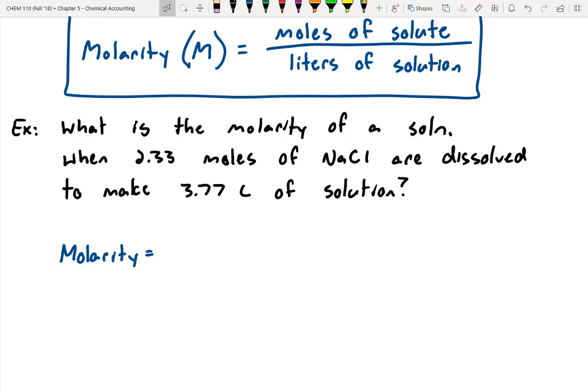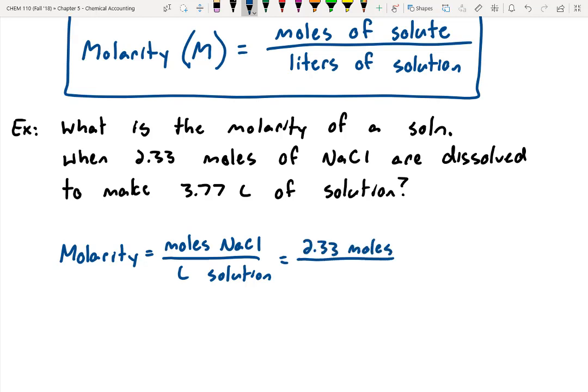All right, so let's try this. First thing we need to do is divide the moles of NaCl by the liters of solution. I gave you the moles of NaCl, which was 2.33 moles, divided by 3.77 liters of solution, which comes out to 0.618.